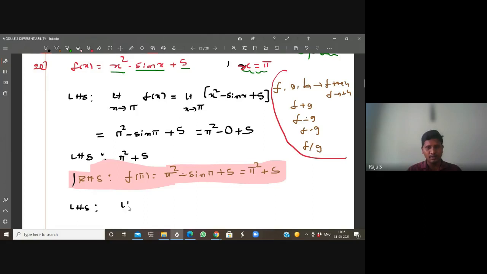LHS is limit x tends to pi of f of x. This value I want to convert in terms of h. So x tends to pi, I want to take x as pi plus h, where the value is x square minus sin x plus 5.